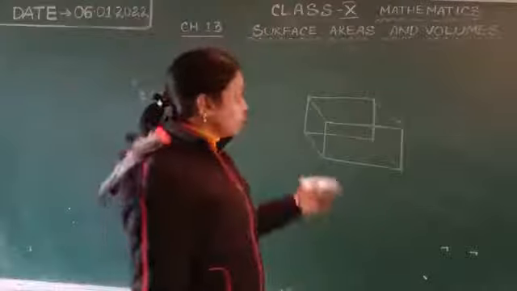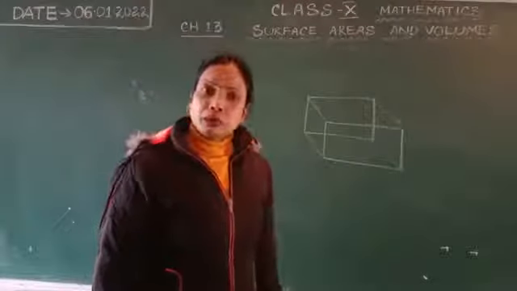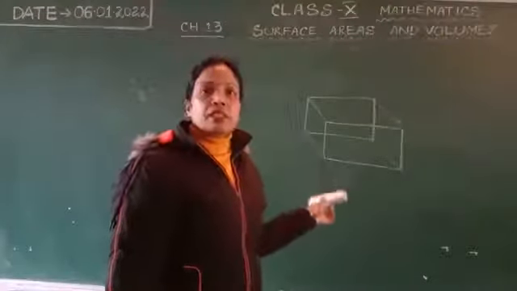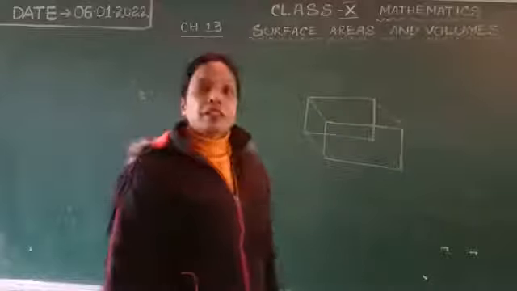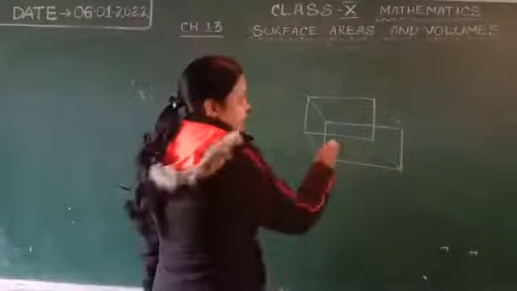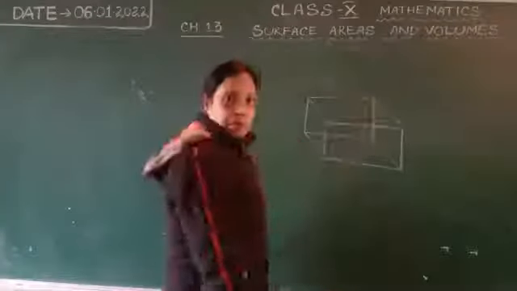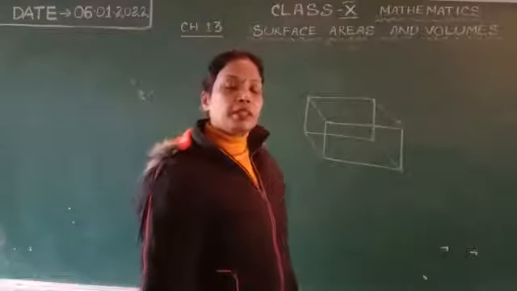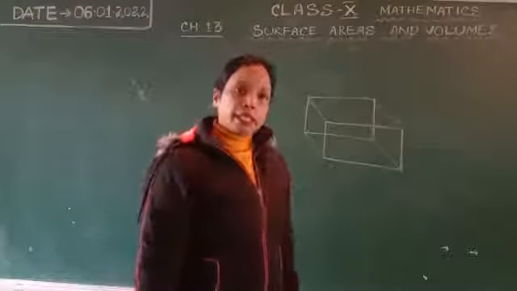These are the shapes of a cuboid, these are the solids. Now let's see how many faces. Here there are total 6 faces, and each face is in the shape of a rectangle.